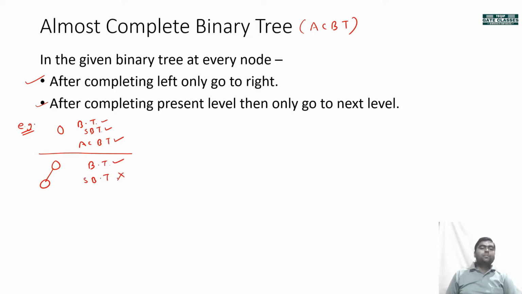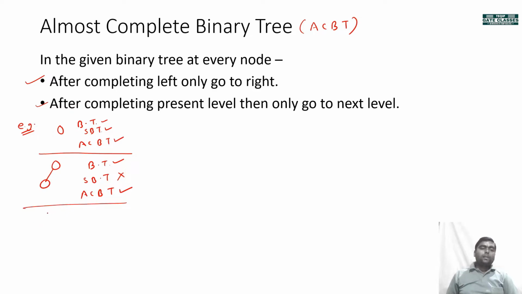It is not a strict binary tree, but it is an almost complete binary tree. Why? Because at this level only zero nodes are possible, that's why it is okay. At this particular level only two nodes are possible, but insertion is from left to right. So the left is inserted first, there is no more element, that's why it is okay. Fine.